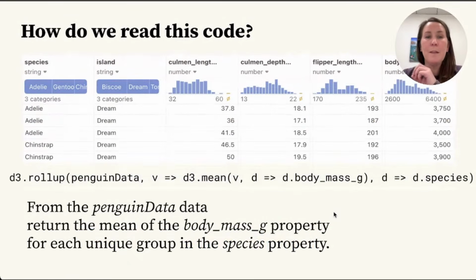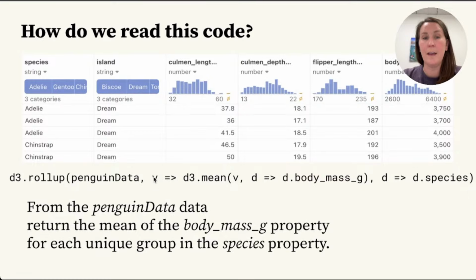So to break that up a little bit, how do we read this code? Again, we say from the penguin data, I want to return the mean of the body mass property. So that's what this entire thing does: given this penguin data as a starting point, remember D3 is expecting the data to be the first piece that you give it.